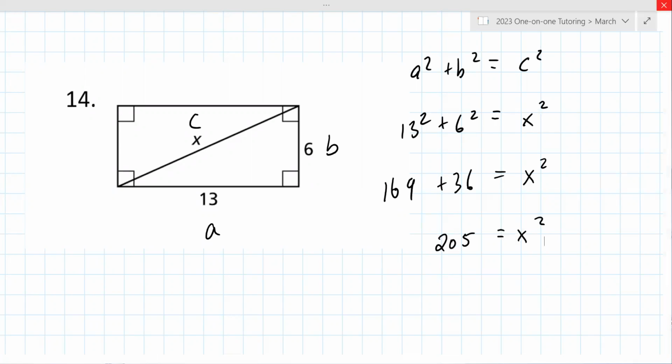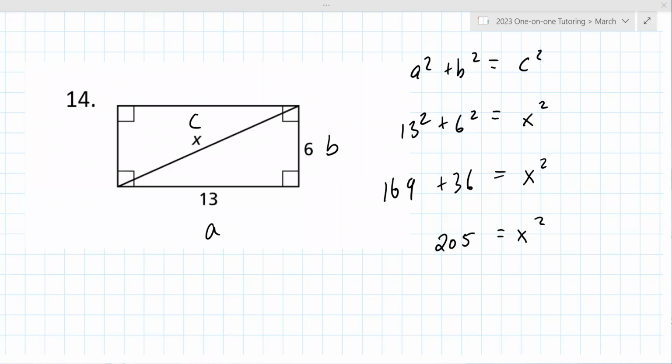I'm pretty sure that this is a prime, so it does not work out. Let me double check that though. I didn't get a perfect answer. This one doesn't even reduce. There's nothing that goes into it.